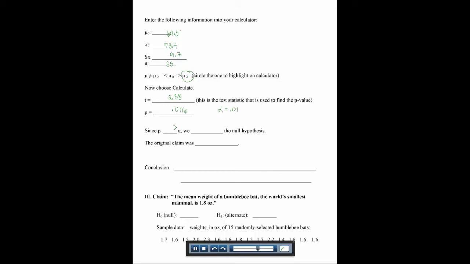Okay, so remember our alpha here was 0.01, so since p is bigger than alpha, right, we do not reject the null hypothesis. Okay, so since we don't reject the null hypothesis and our original claim was the alternate, we do not support H1.